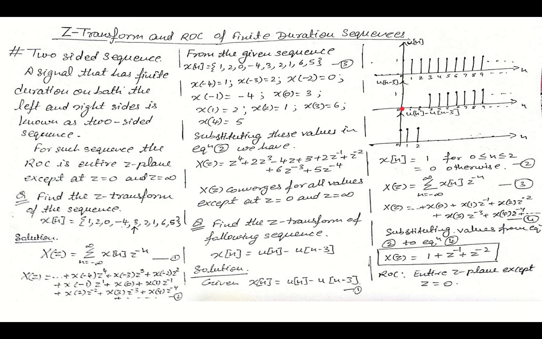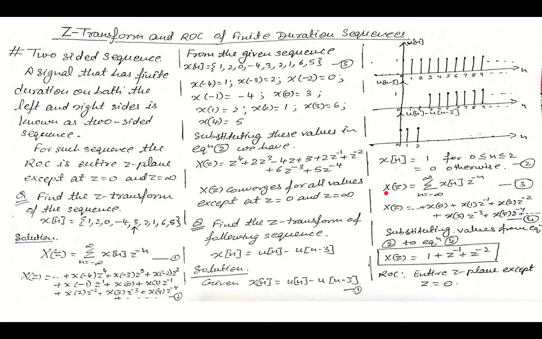So at 0 I will have a 1, at 1 a 1, and at 2 a 1. My function x[n] can be represented as 1 for 0 less than or equal to n less than or equal to 2 and 0 otherwise. So x[0] will be 1, x[1] will be 1 and x[2] will be 1. These are the only values that will be 1; otherwise all the values will be 0.